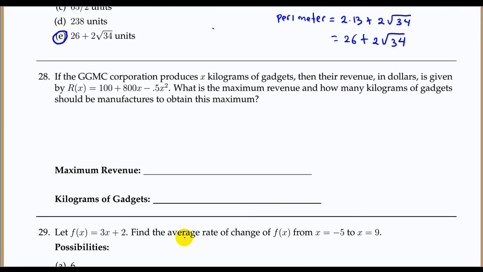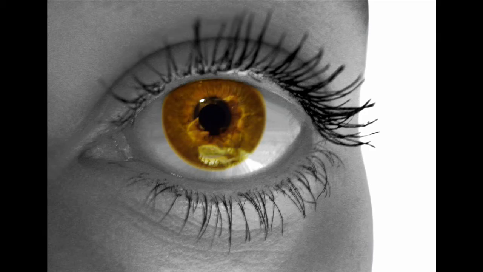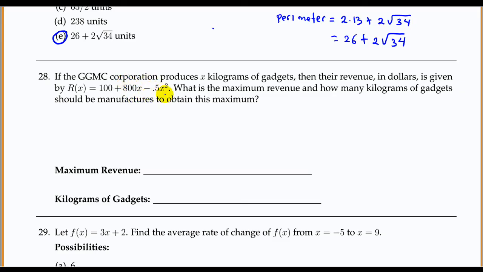Next problem. If the GGMC Corporation produces x kilograms of gadgets, then their revenue in dollars is given by that function. What is the maximum revenue and how many kilograms of gadgets? Again, this function is a quadratic function.